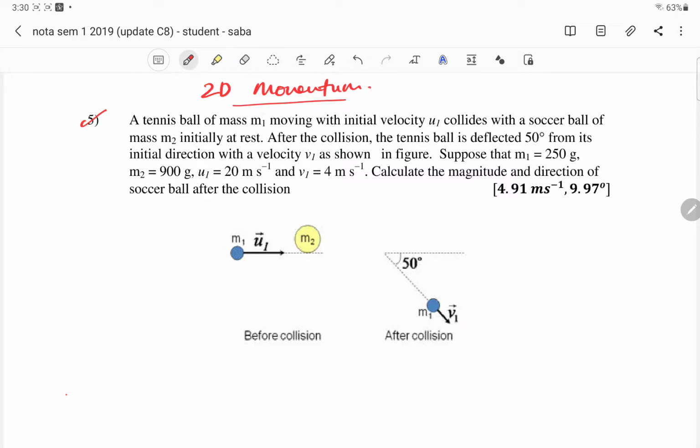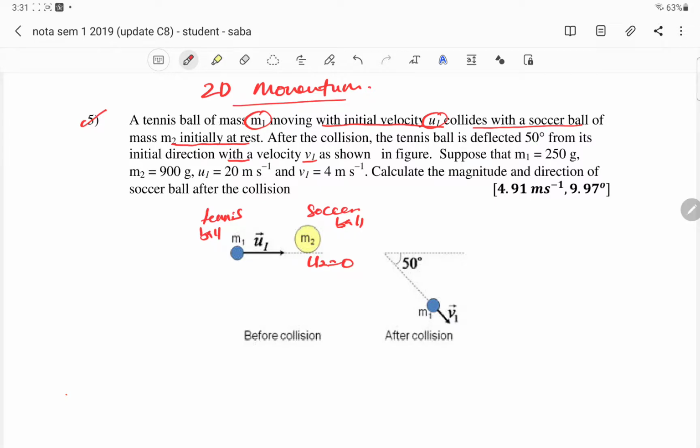A tennis ball of mass m1 moving with initial velocity u1 collides with a soccer ball. This one is a tennis ball. This one is a soccer ball. M2 is initially at rest, so U2 equal to 0. After the collision, the tennis ball deflects 50 degrees from its initial direction with velocity V1.